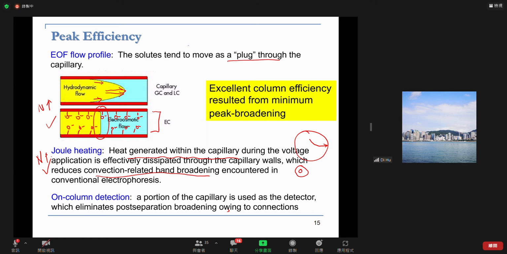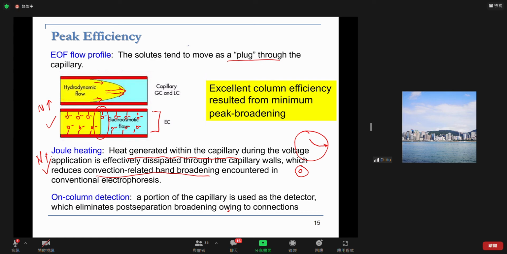Okay, and also for this one, we try to avoid overheating. You don't want very high temperature, because high temperature can cause thermal degradation of temperature-sensitive analytes, such as protein. To minimize this Joule heating or overheating, there are actually several things we can do.